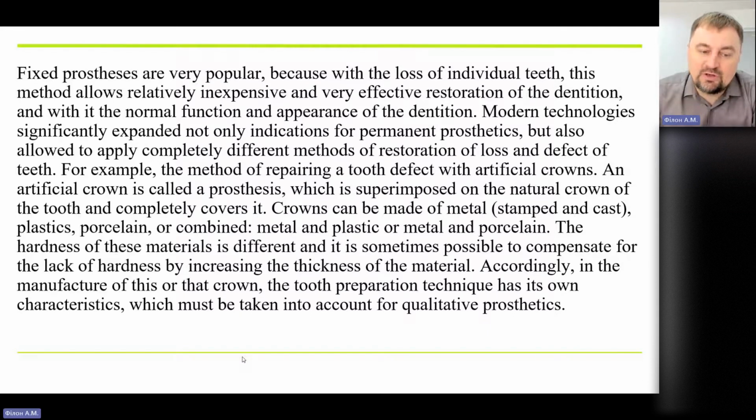The hardness of these materials is different, and it is sometimes possible to compensate for the lack of hardness by increasing the thickness of the material. Accordingly, in the manufacture of the crown, the tooth preparation technique has its own characteristics, which must be taken into account for qualitative prosthetics.